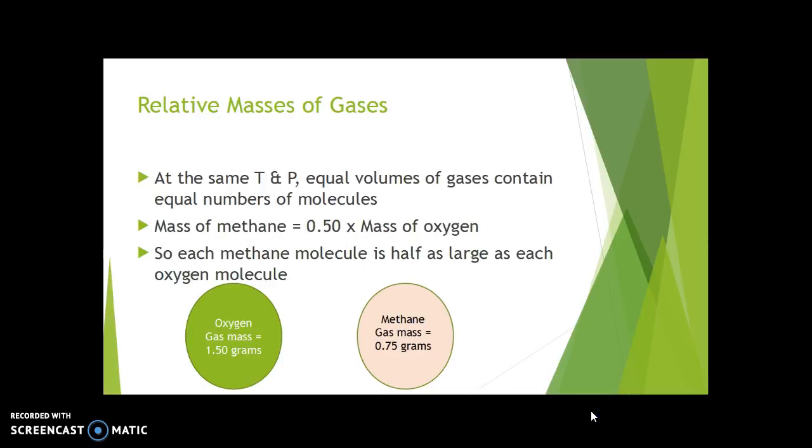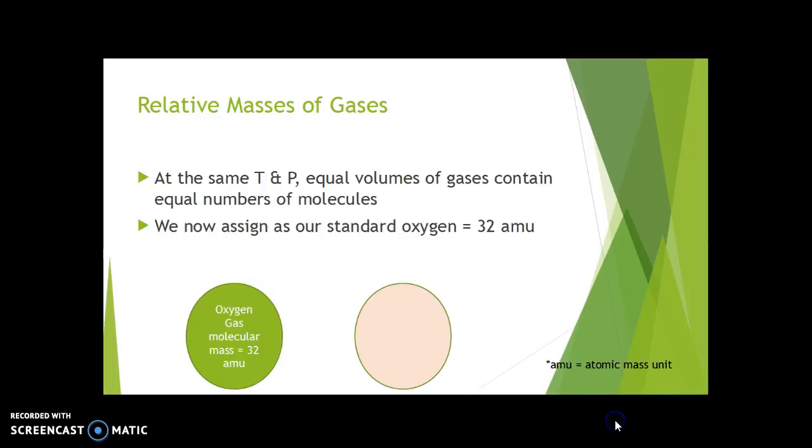So we can write the equation: the mass of the methane is equal to 0.50 times the mass of the oxygen. That's not only true of the whole assembly of molecules, it's also true of each molecule. Each methane molecule is half as large as each oxygen molecule, and we're talking about mass, of course.